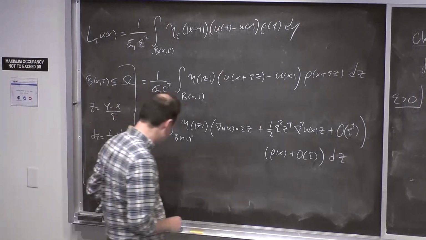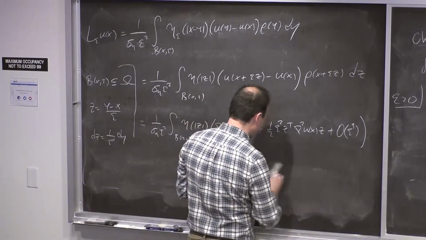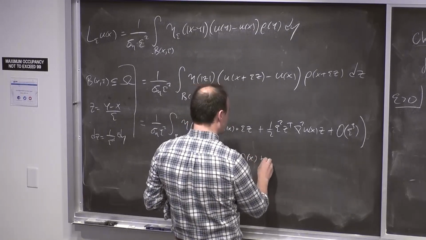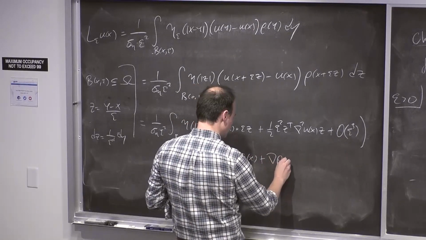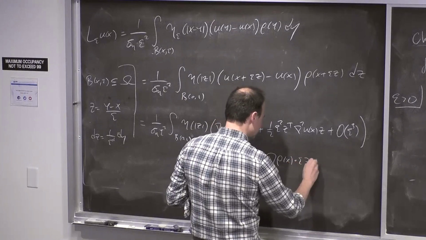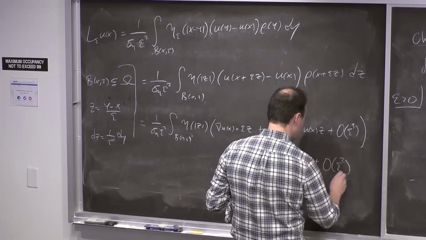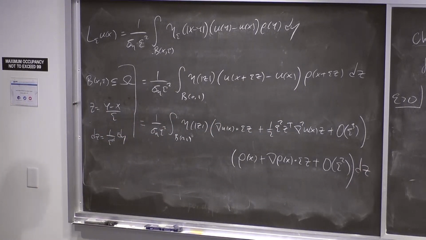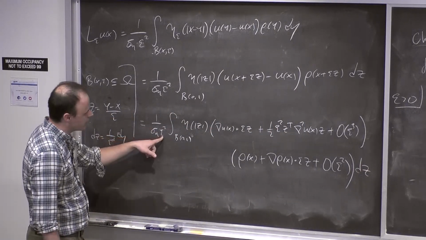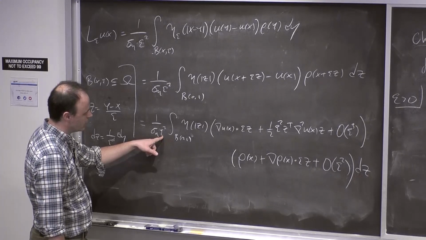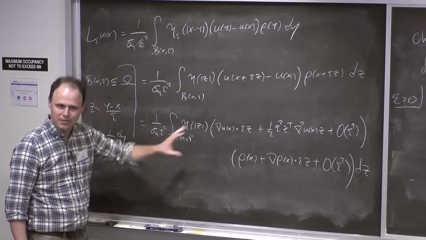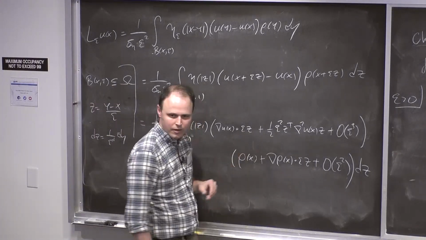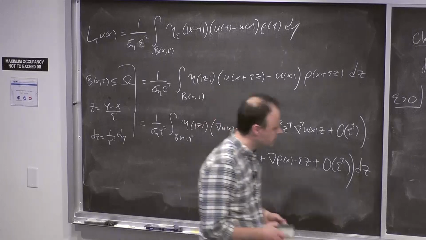Sorry, this is annoying. I also have to expand all the way out to the first order terms here: rho of x plus grad rho of x dot epsilon z plus order epsilon squared. It gets a little messy. So the point is that I have a 1 over epsilon squared here, so I can only deal with order epsilon cubed error terms inside the integral. So I have to keep the first order ones in rho and the second order terms in the Hessian.